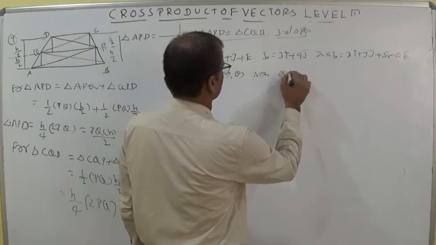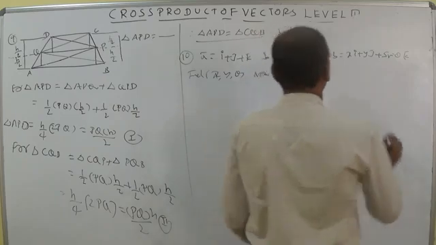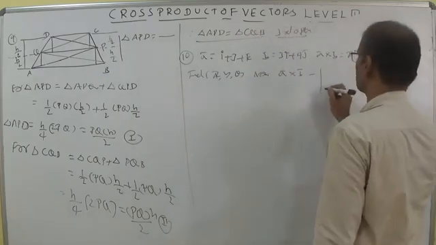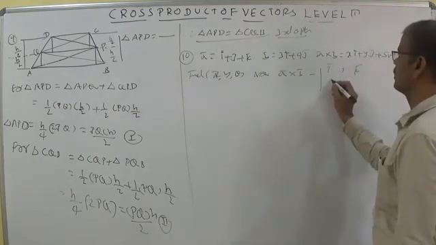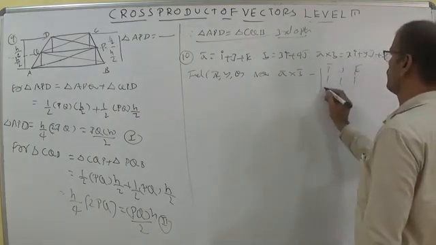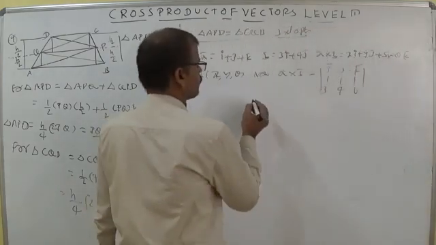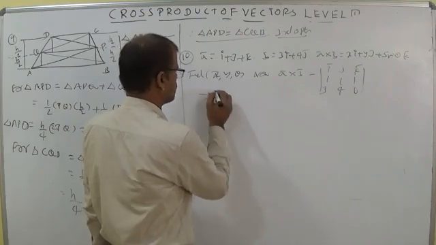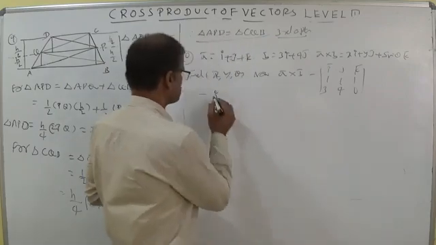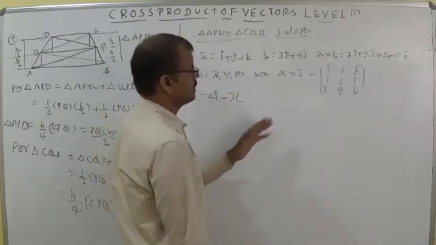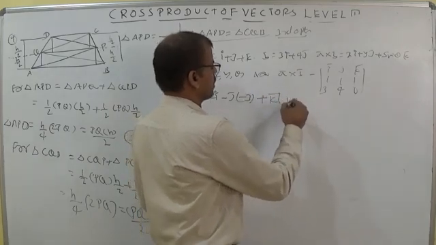Now we can equate the value of A cross B with X i plus Y j plus sin theta into k. Calculating the determinant: i, j, k; 1, 1, 1; 3, 4, 0. i into (0 minus 4), it is minus 4; minus j into (0 minus 3), this is minus 3; plus k into 1.